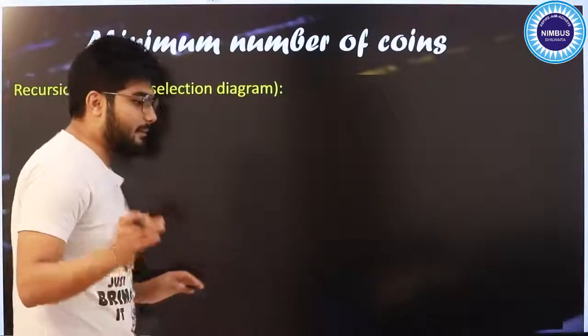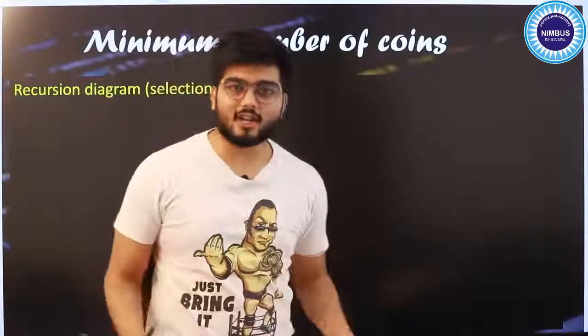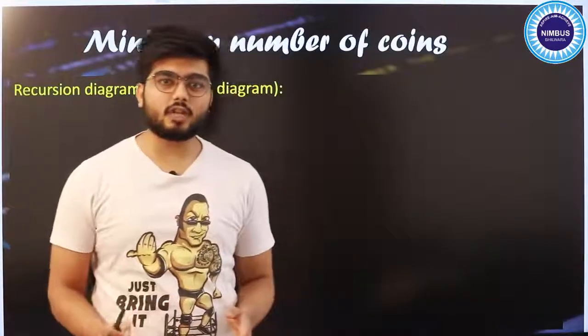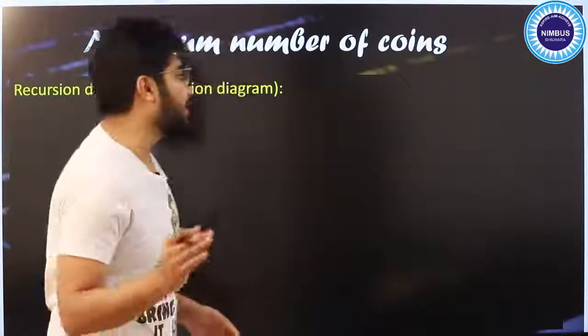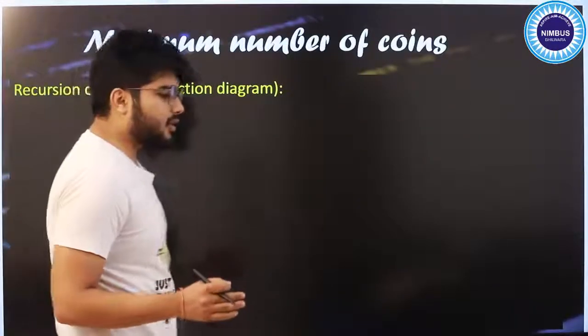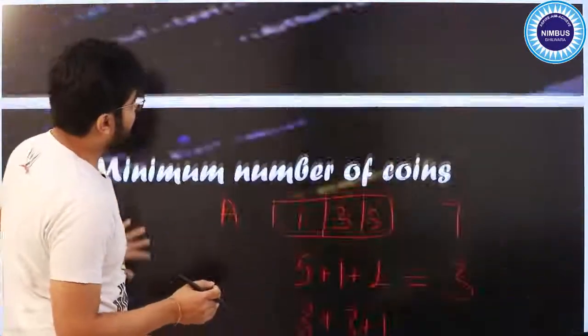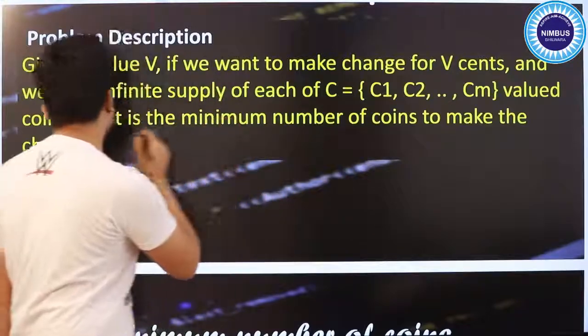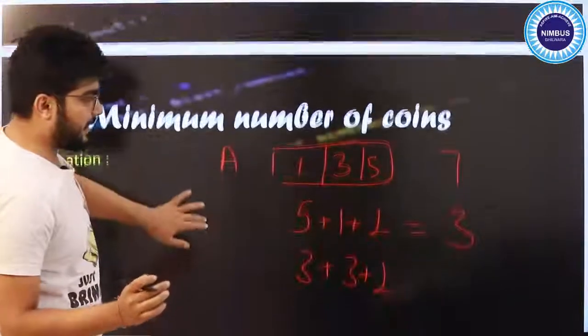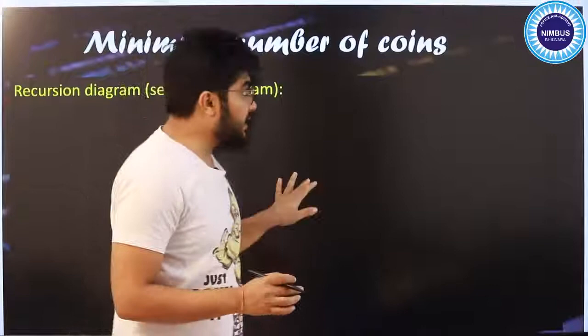So the very first step that we follow is to draw our recursion diagram. We read the question and then we try to make a recursion diagram. अभी भी वही करेंगे. So what does the question say? Let's read it again: what is the minimum number of coins to make the change? So that means basically the change that you want.